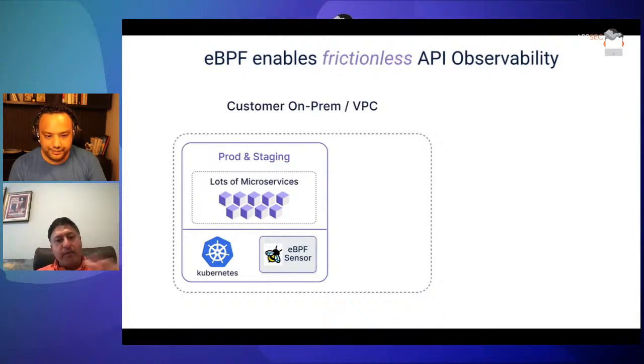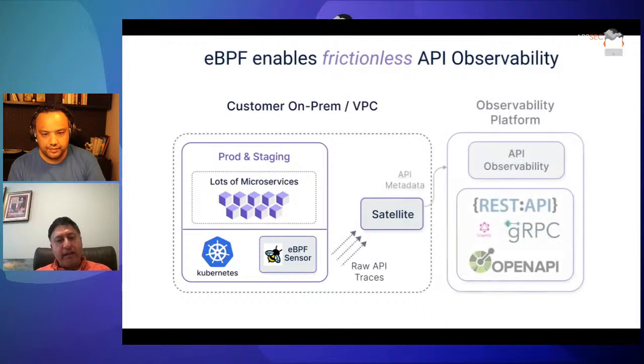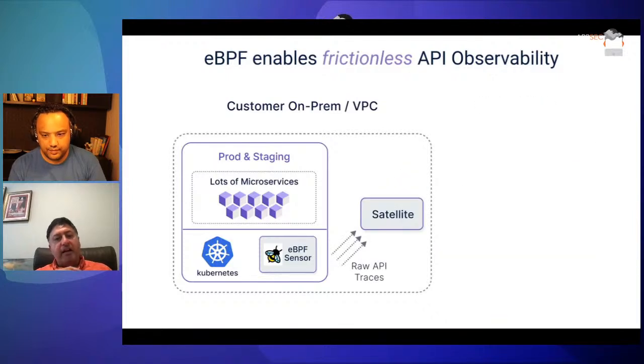And that's what eBPF allows us from an AppSec perspective. It's not in line with the application. It's completely passive, and it allows us to tap into all the API traffic in these pre-production and production environments without actually adding any latency or impacting the application workload.